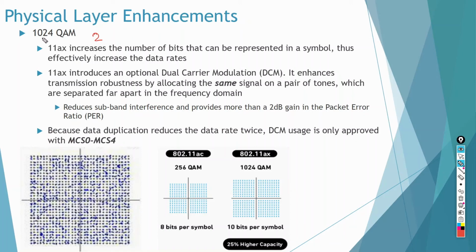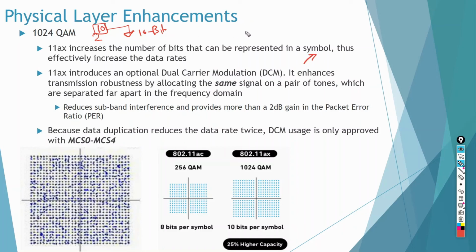This number, 1024, can be represented as 2 to the power 10. 10 refers to allowing 10 bits to be used inside a Wi-Fi symbol. Now this is in 11AX.